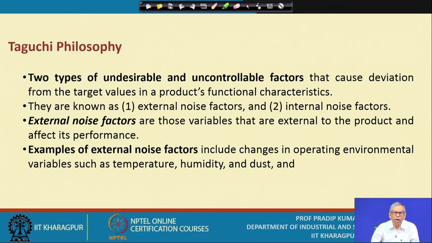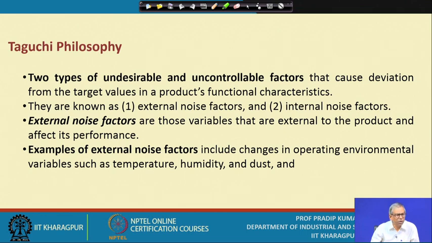Now, these two types of factors, uncontrollable noise factors, are classified as external noise factors and internal noise factors. External noise factors are those variables that are external to the product and affect its performance.